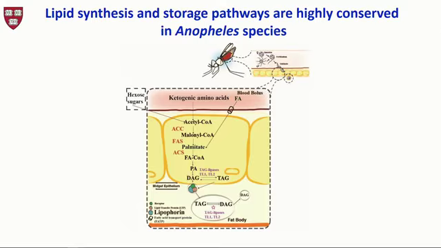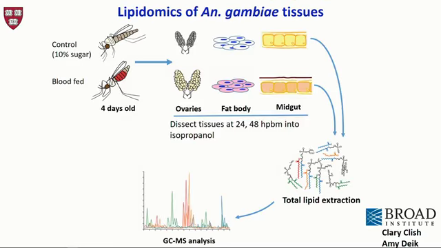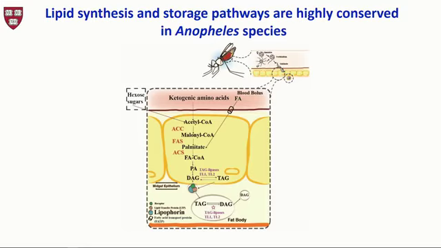Just looking through the lipid biosynthetic machinery in the mosquito, there is a conservation in terms of the pathways that are involved in lipogenesis, like the making of lipids, where you could have acetyl-CoA, which is a precursor molecule that could be obtained from amino acids or sugars, that will undergo further processes to form fatty acids, which could be coupled to a glycerol backbone to form major lipids like diacylglycerol, and you could have further acylation of that to form triglyceride.